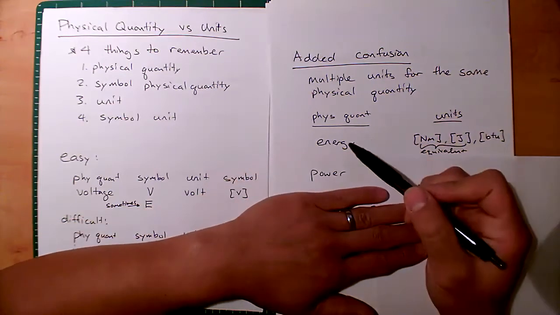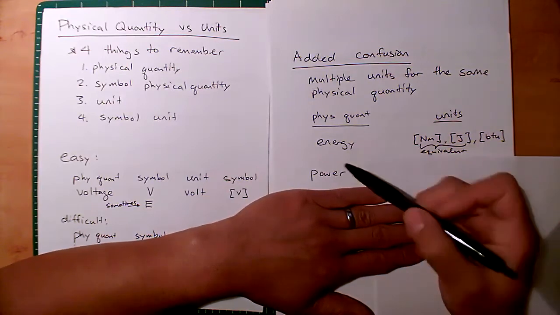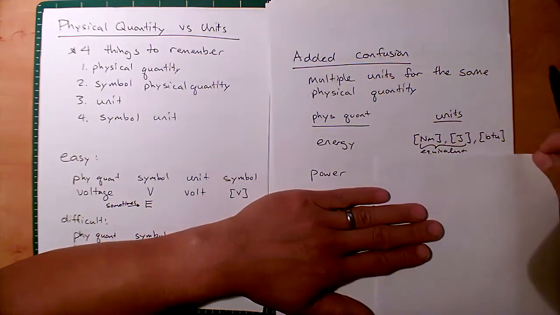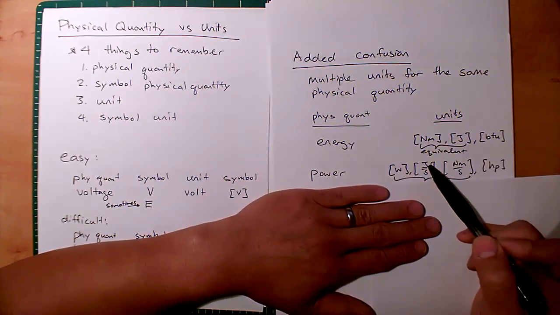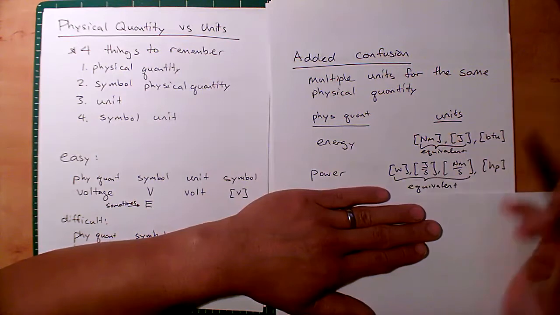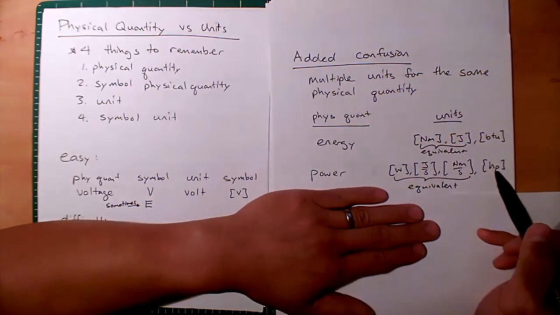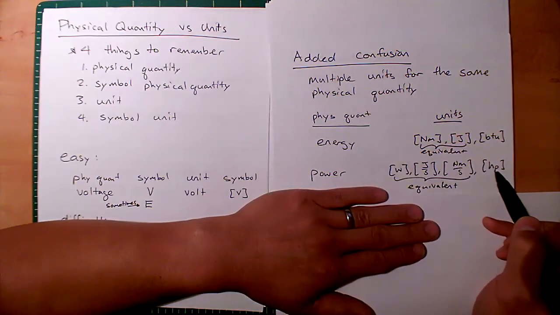Okay, power. Power is the derivative of energy. This is a very, very important concept. We use watts, and notice we have joules per second and Newton meters per second. All three of these are equivalent. Another way that we measure power is horsepower.